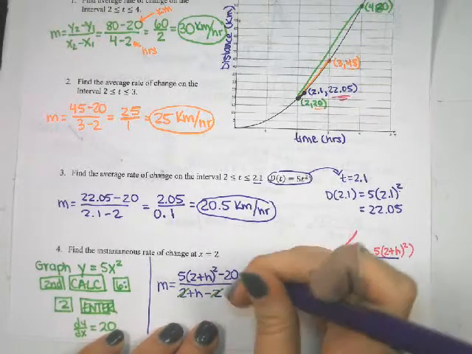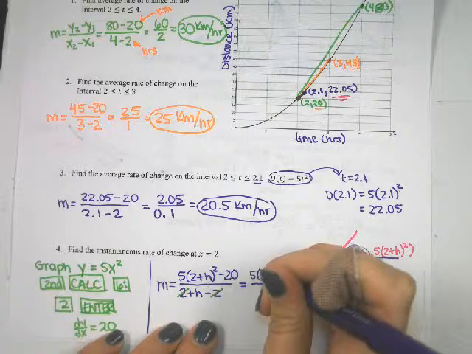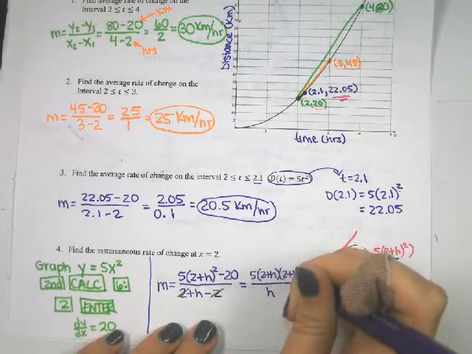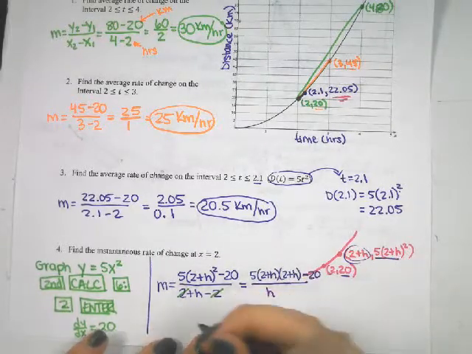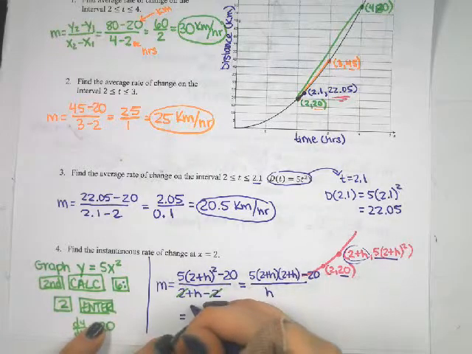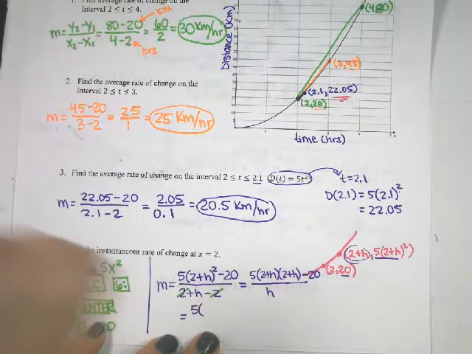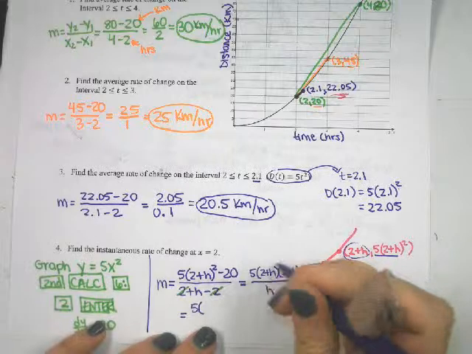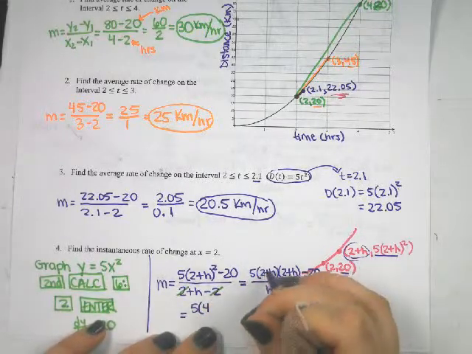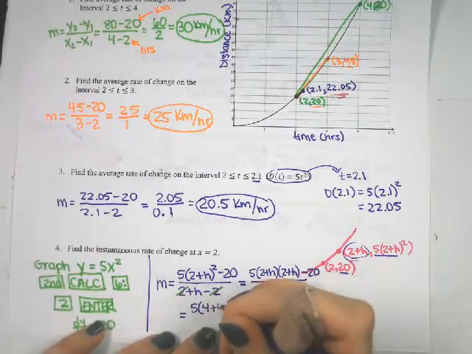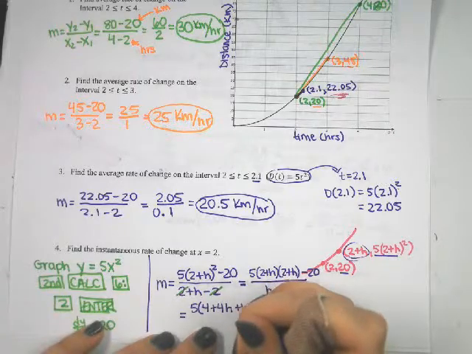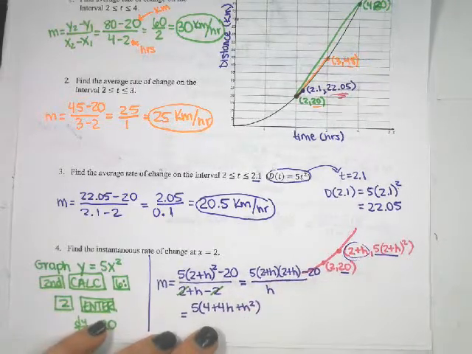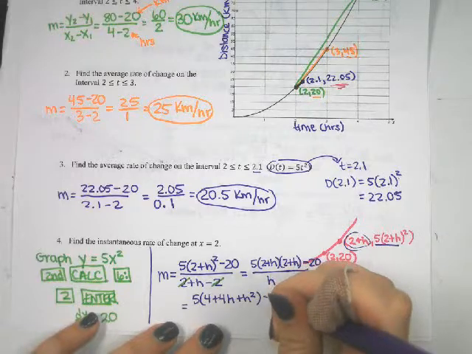On the top, I'm going to distribute that out. So 5 times (2 plus h)(2 plus h) minus 20. I'm going to do all the distributing, and skip a step just because we're pretty good at distributing now. 2 times 2 is 4. My middle terms would be 2h and 2h, so that would be 4h plus h squared. Did a little foiling there, minus 20.